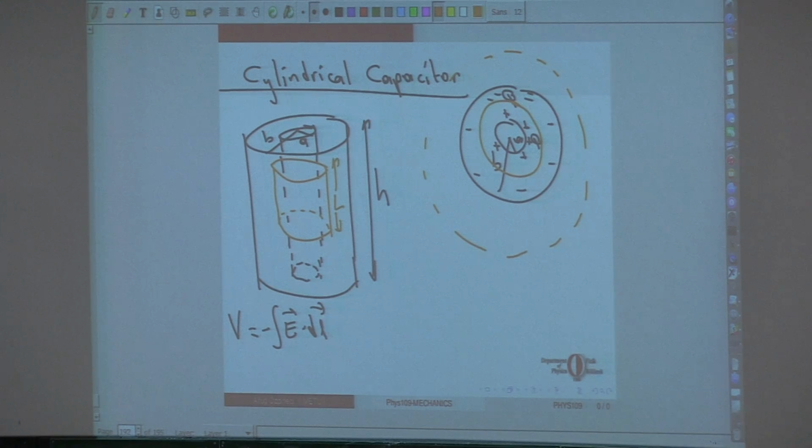No, we didn't say that the cylinders are infinite. The cylinders have a finite length. What we had said is that the cylinders are very long. They are so long that the electric field between these two cylinders, at least in most of the volume, is the same as the electric field created by an infinite cylinder.